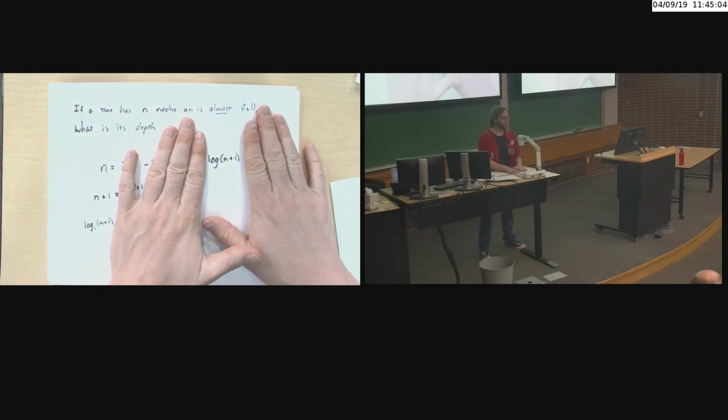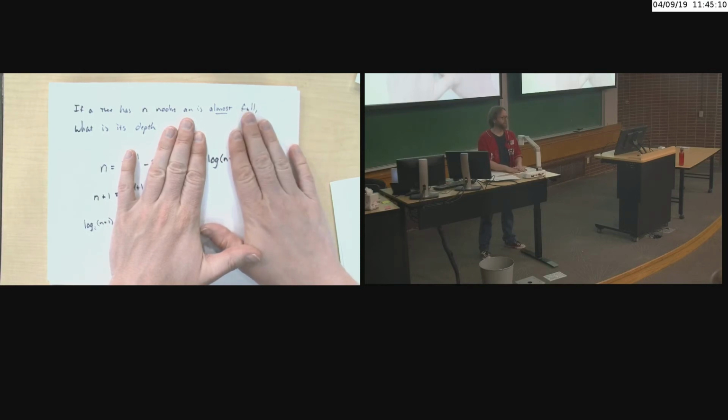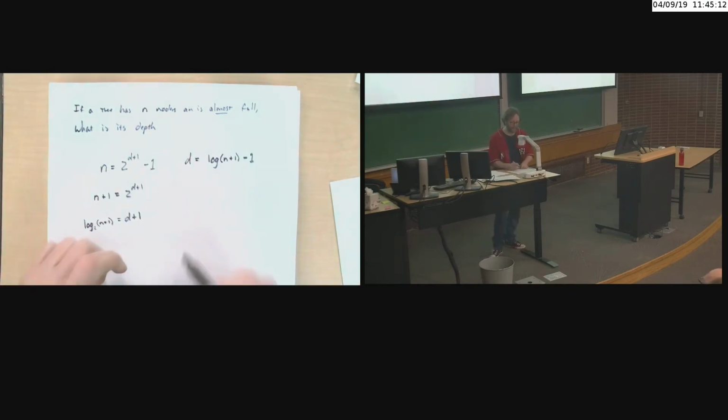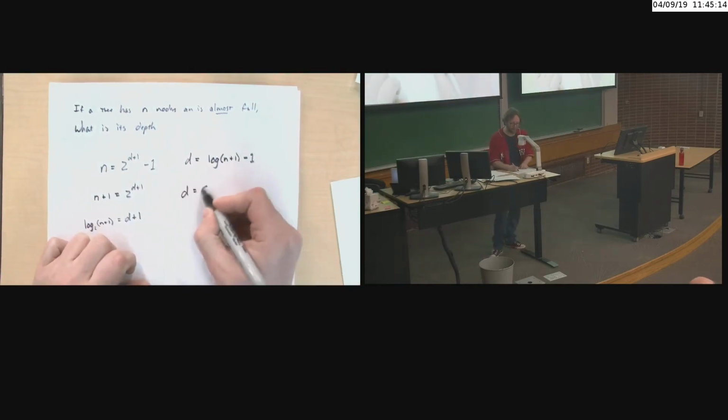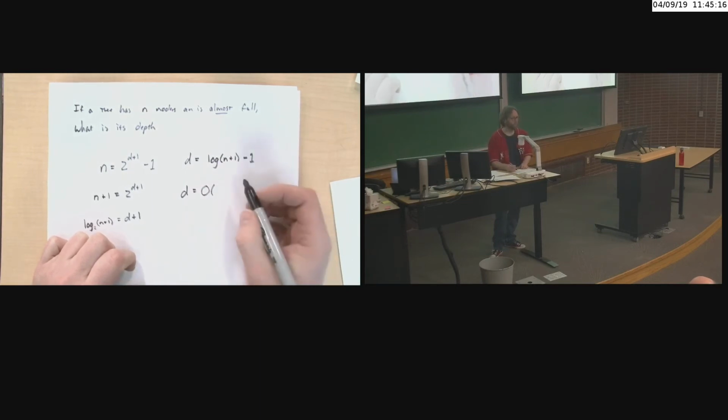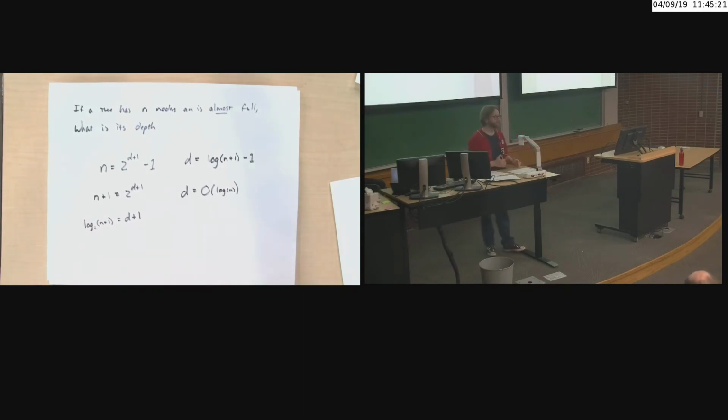Take off lower order terms. I've got log of n plus 1. Go ahead and ignore that plus 1. And I get that d is going to be order log n. That's why binary trees have the potential for good operations.